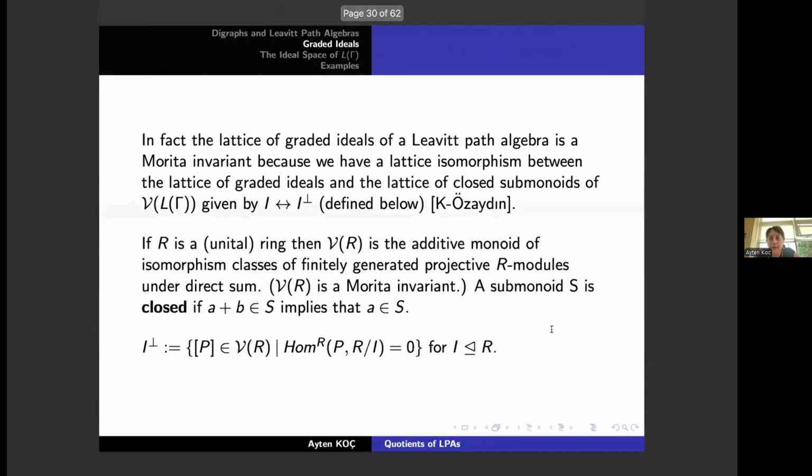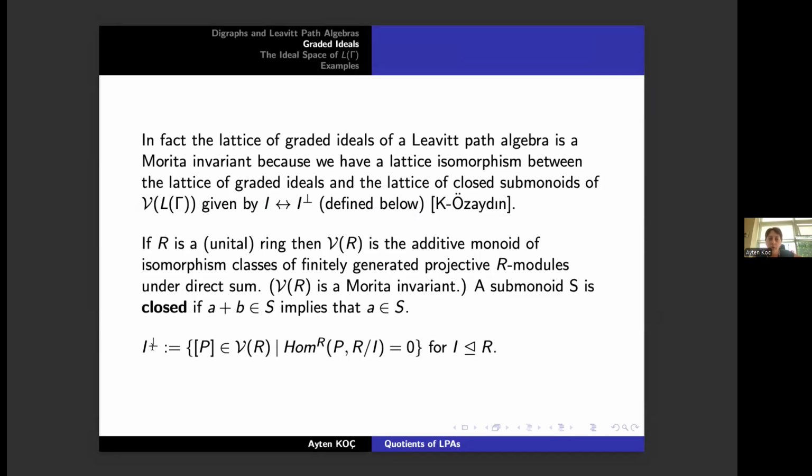This slide. In fact, the lattice of graded ideals of a Leavitt path algebra is Morita invariant, since we have a lattice isomorphism between the lattice of graded ideals and the lattice of closed submonoids of the non-stable K-theory, given by sending I to I perp.